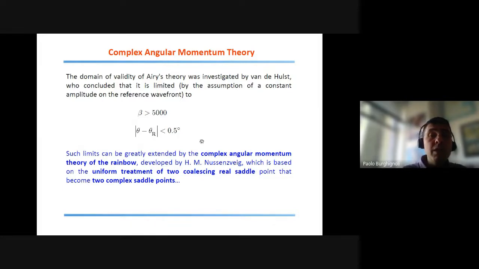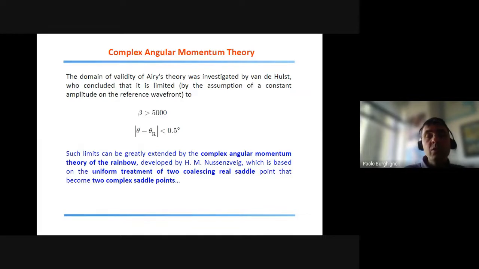In the complex angular momentum theory of the rainbow, it is possible to perform a more refined asymptotic analysis in which you will see that the rainbow is originated by 2 coalescing real saddle points that after coalescing become 2 complex saddle points.